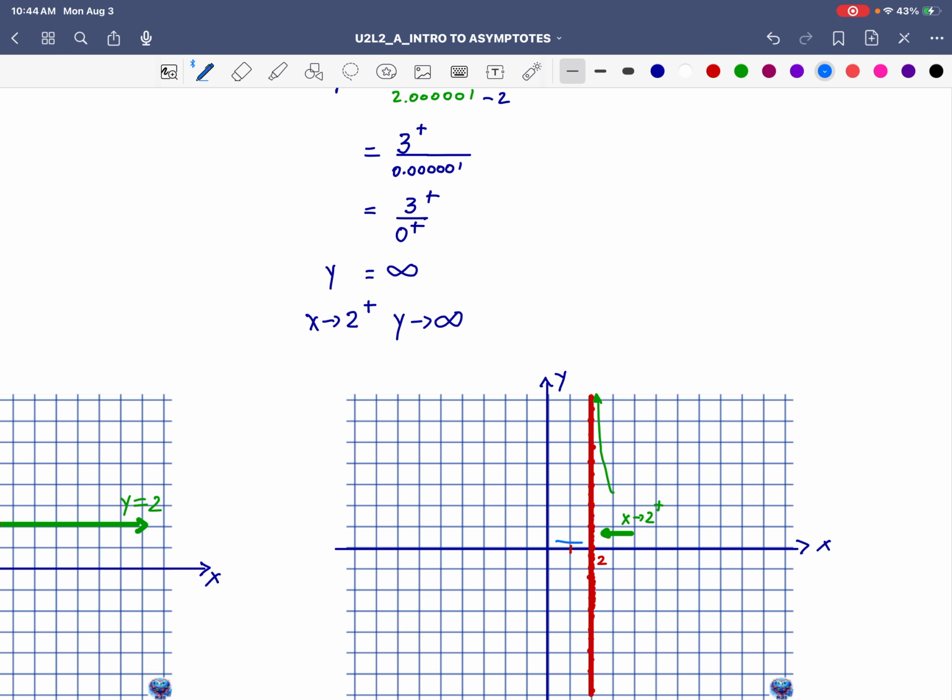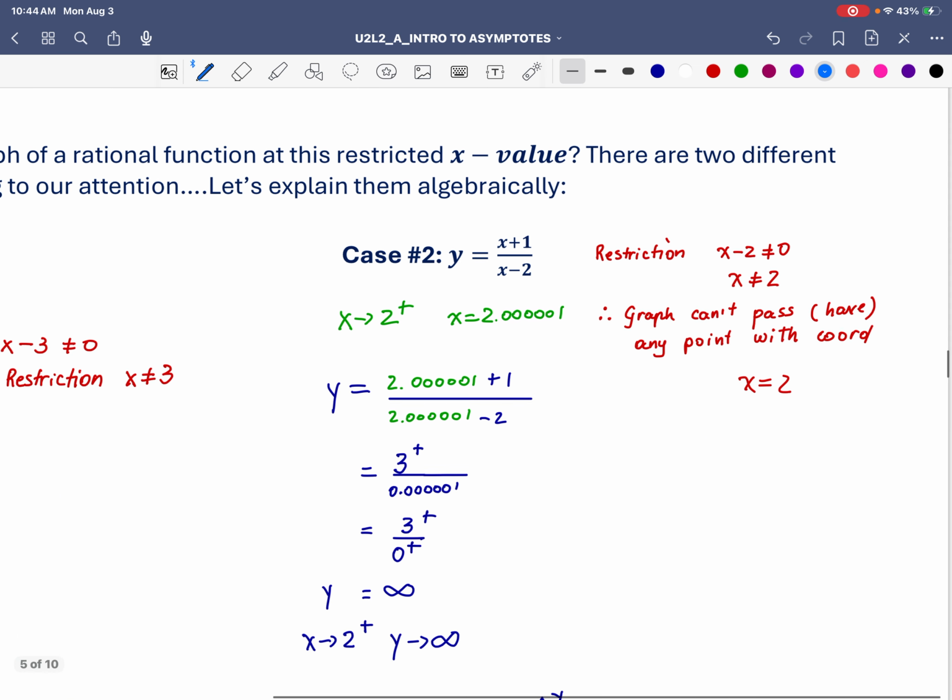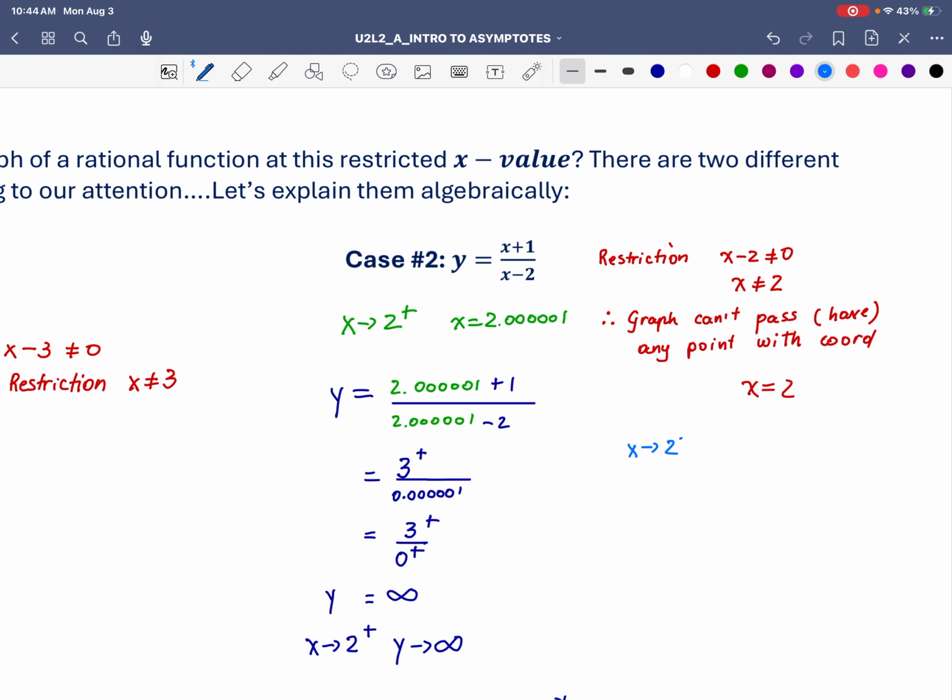Now, what happens when we approach 2 from the left-hand side? When we approach 2 from the left-hand side, it means that x is taking values of 1.99999. The values of y in the function will become 1.99999 plus 1, divided by 1.99999 minus 2.